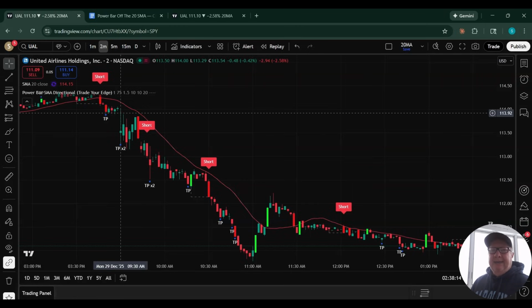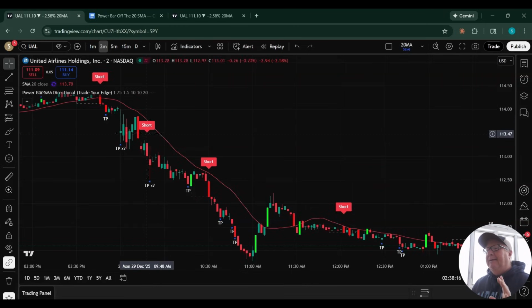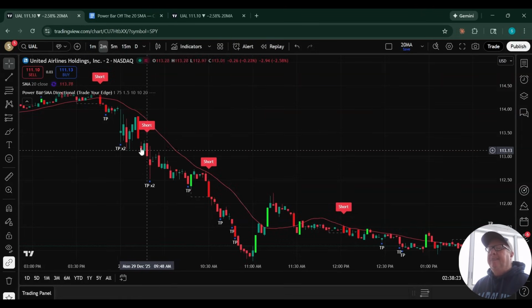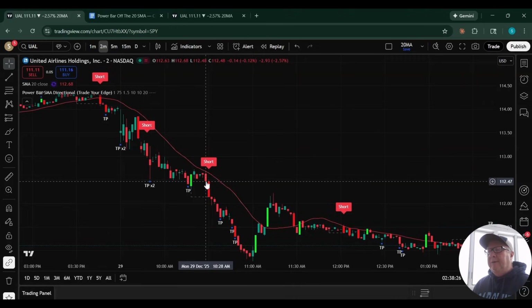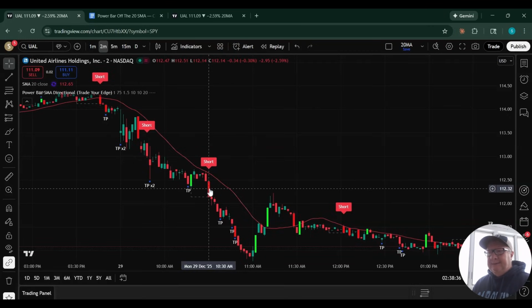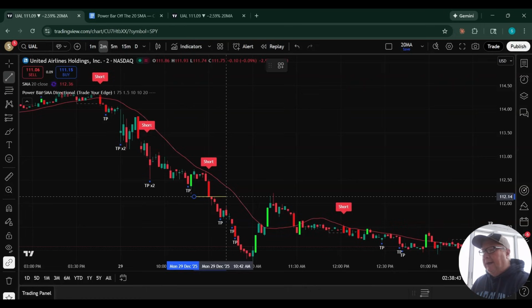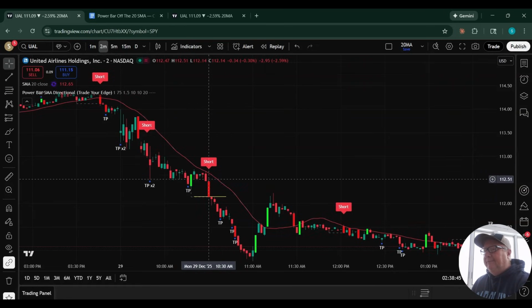But what's important to understand is it's not a trade like the MACD. It's not a setup like the MACD, because it's happening in real time, where you're entering the trade at the end of the literal power bar that's forming. In this scenario here, just take this one. That is your entry right here. As this power bar closes, you're entering the trade.